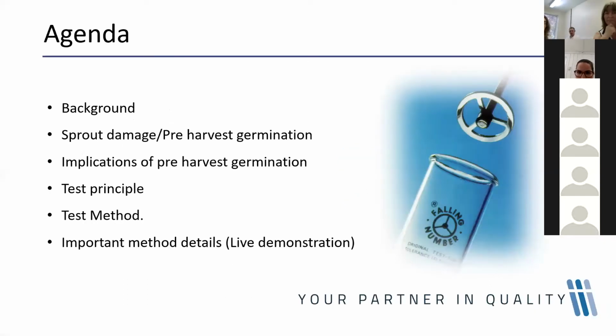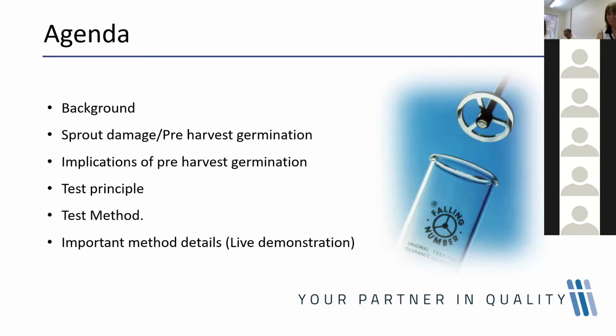So a very brief agenda of what we'll be going through today. I'm going to give you a very, very brief background on the Hagberg test, why we run the test, looking at sprout damage or pre-harvest germination, as well as the implications of pre-harvest germination.